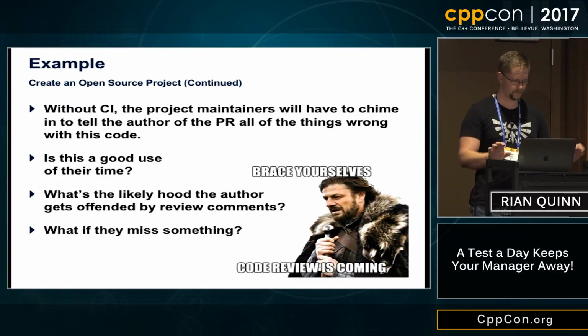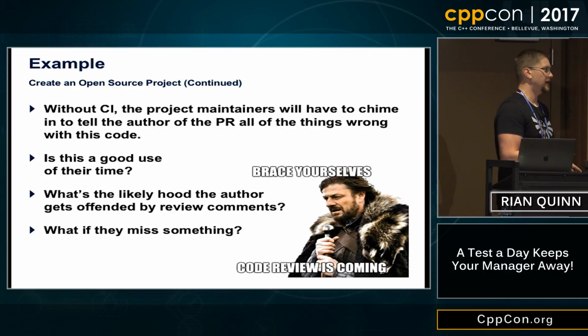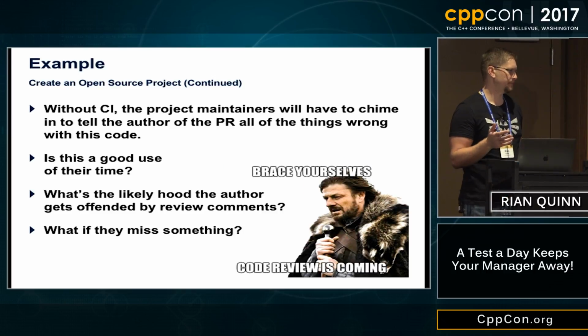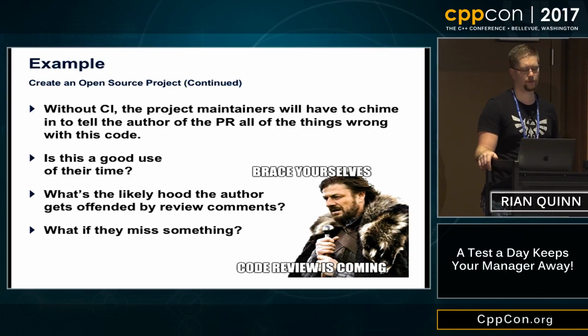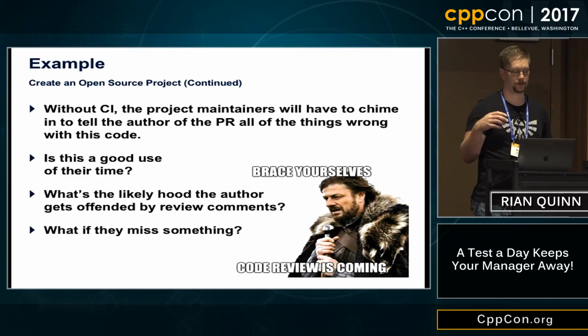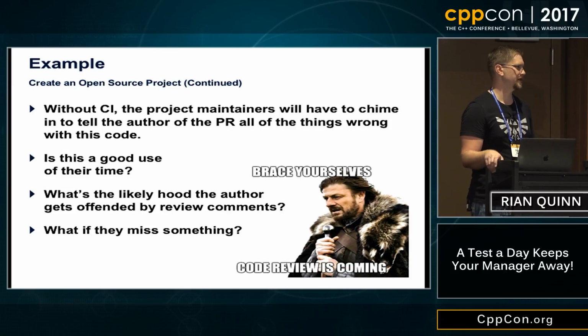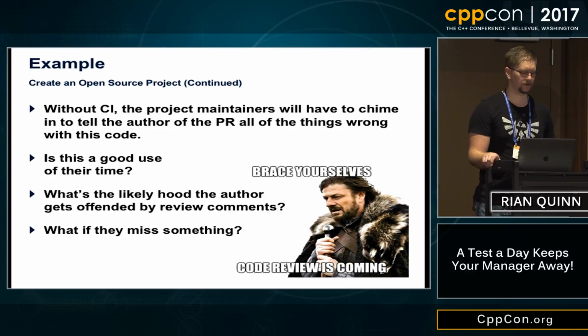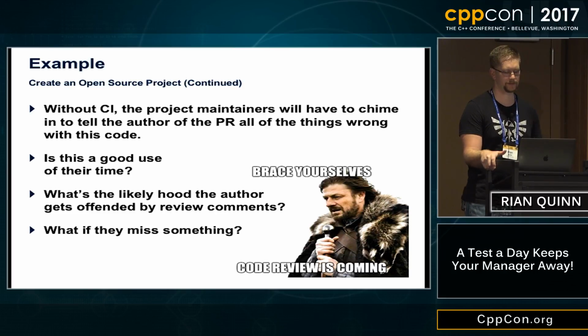All right, so without CI, and we've seen this on a lot of projects that use mailing lists, you're going to have a bunch of project maintainers. They're going to see this pull request come in, and in the case of a mailing list, it's just going to be a patch, which is horrendous to review. And everyone's going to have to chime in and explain why that code is horrendous.